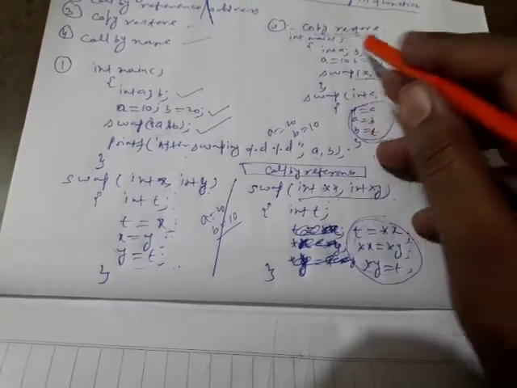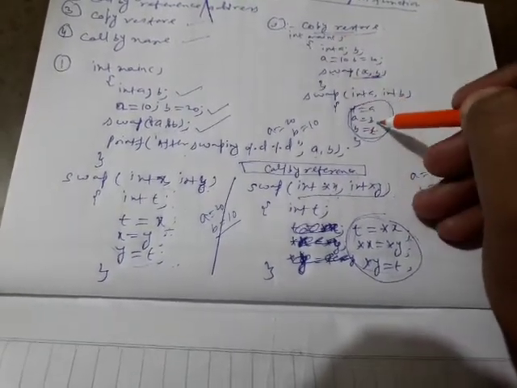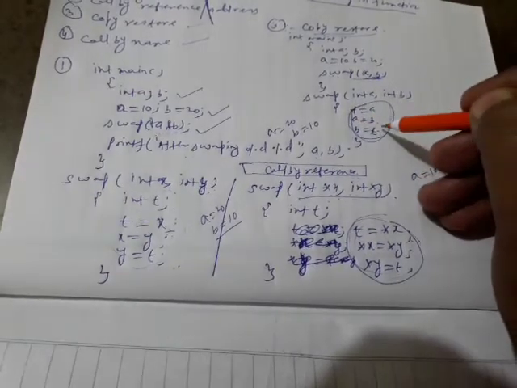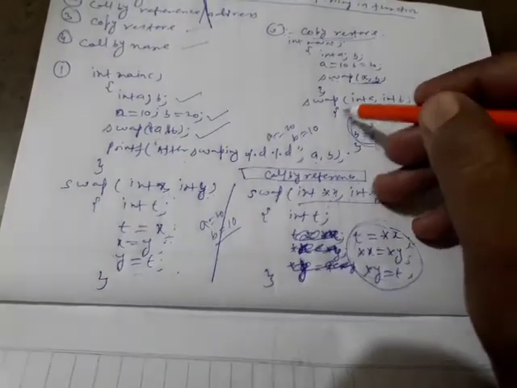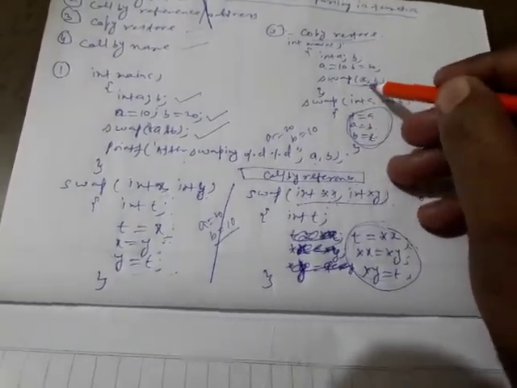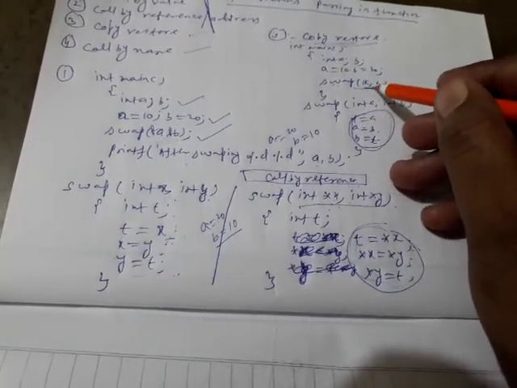So the value is passed and changed, and at the time of return that change will take effect in the actual parameter.